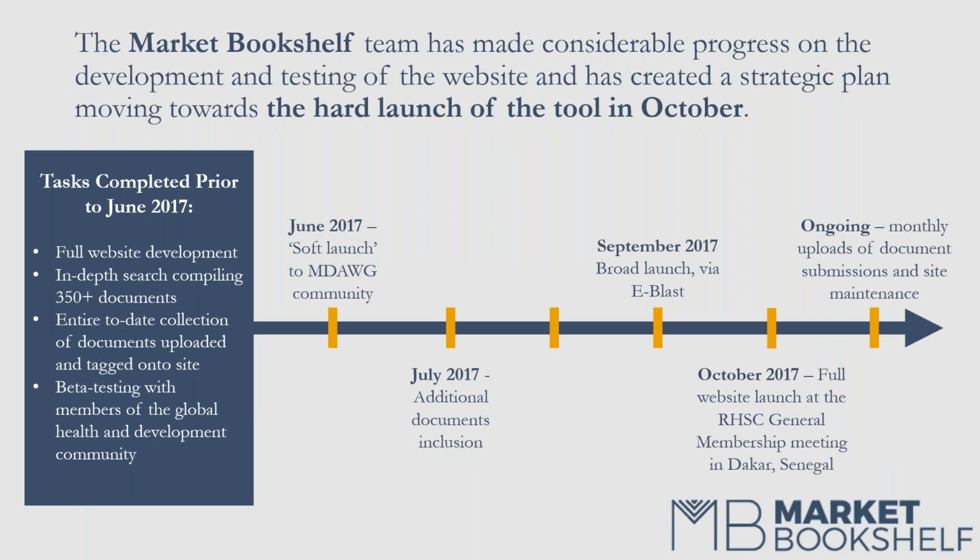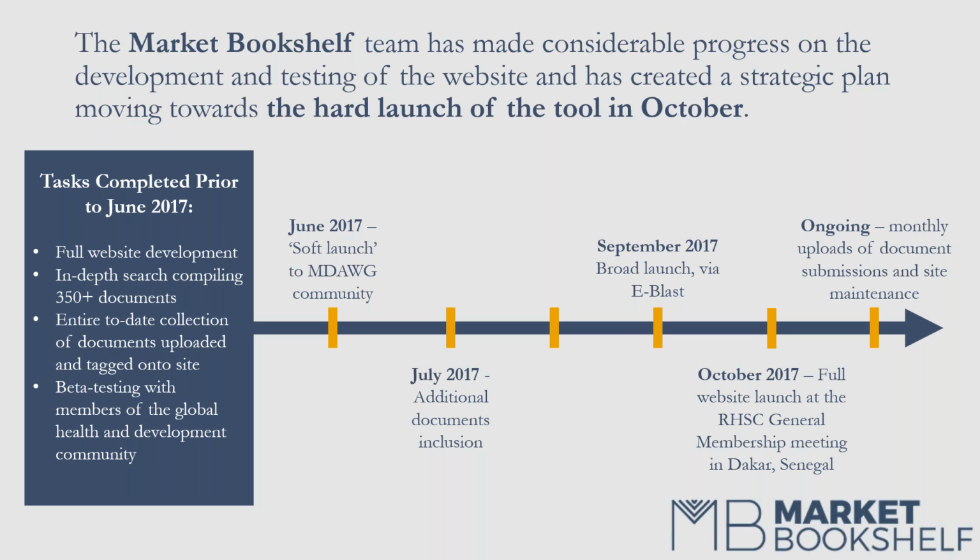So the team has made considerable progress on the development and testing of the website, and we have a strategic plan for a hard launch in October. What you see there on the left are the tasks that have been completed prior to June 2017. So we've done the full website development and in-depth searching to get to the documents we have now. All of the documents that we have right now have been uploaded and tagged, and we've done beta testing with members from the community, including from MDA.